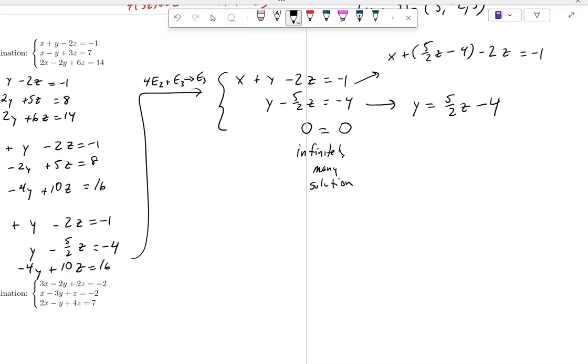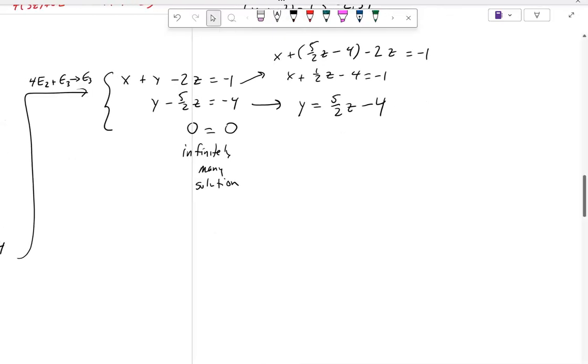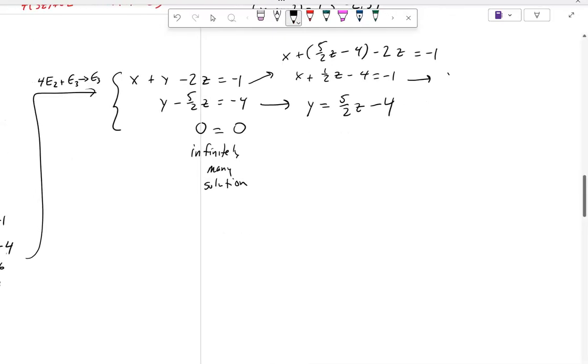I took out the y and put in 5/2 z minus 4. Then we can simplify: 5/2 minus 2, and 2 is the same thing as 4/2. So you'll have x plus 1/2 z minus 4 equals -1, or finally, x equals -1/2 z plus 3.